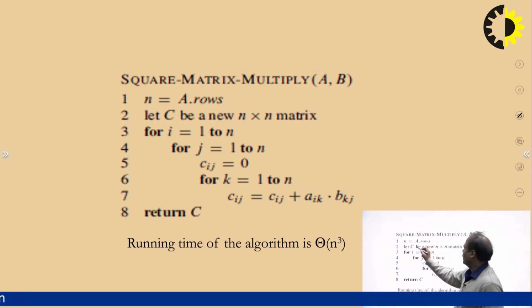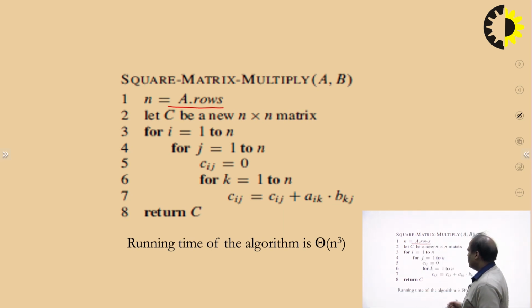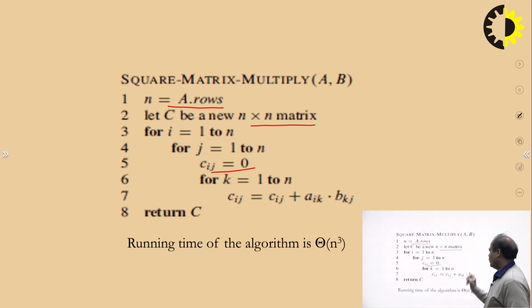We know that n is the number of rows, or you can say the number of columns, and C is any n by n matrix, right? So we run an i loop and a j loop, and then Cij is 0. K is ranging from 1 to n. So Cij will be Cij plus Aik into Bkj, right?